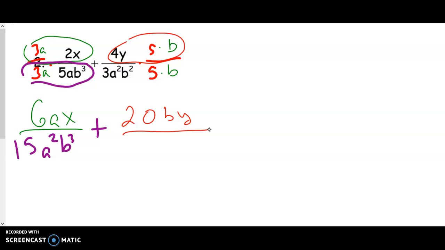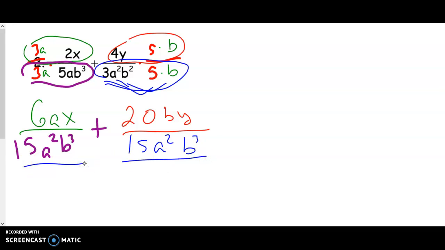It's not necessary, but commonly done. This denominator better match the other one. 3 times 5, a squared, b squared times b. Oh, and as you can see, they do match up. So that's your lowest common denominator. All right. So now we can go ahead and just take care of our numerators. Let's clear this so we don't have any confusion.